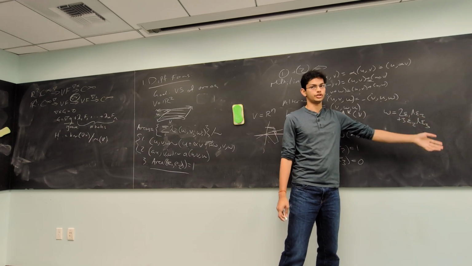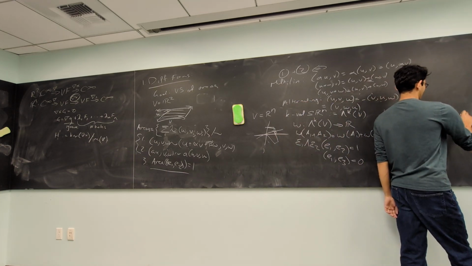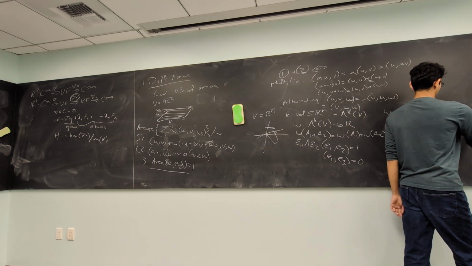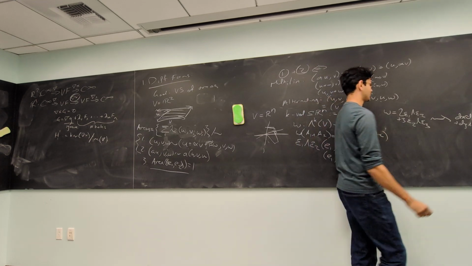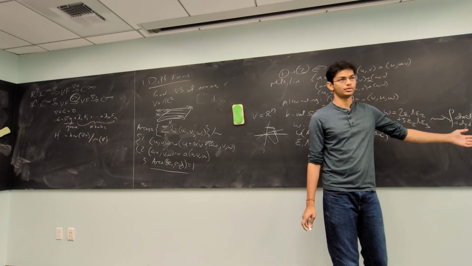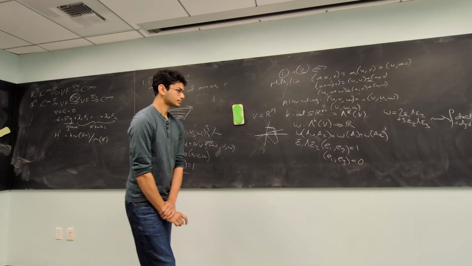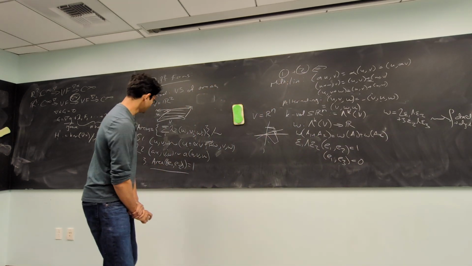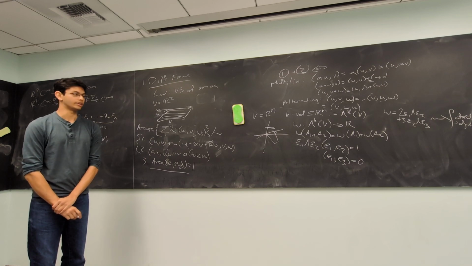We'll see that this becomes something which looks like dx dy plus dy dz. This hopefully shouldn't be as scary, because if you see this under an integral sign, you should in theory know how to deal with that. So that fixes that problem, and it also fixes the problem of determining what the area is.